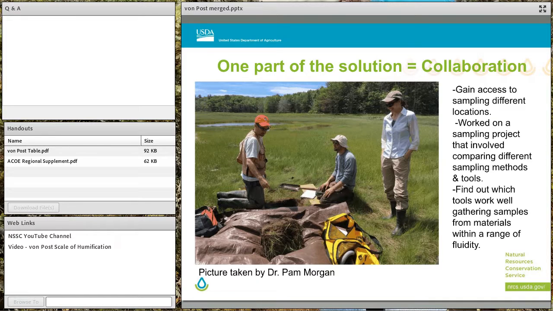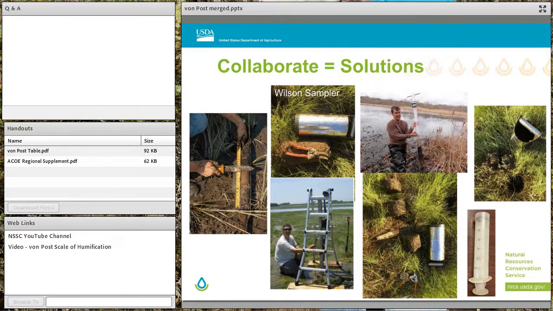This is at UNE, and we were able to set up a sampling project and started to compare what methods and what tools work best in the different types of horizons and or horizons with different fluidity ranges. And the next slide, yeah. So again, collaboration gives you solutions.